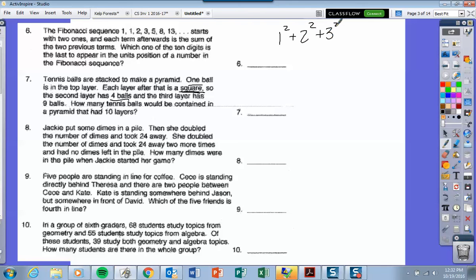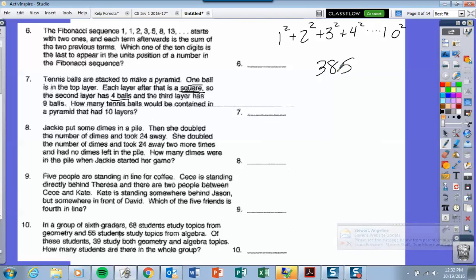So forth, the third, and so forth. I'm going to keep doing this until I get to 10 squared. If I square all these numbers first, following PEMDAS, and then add them all up, I get 385 balls within that pyramid.